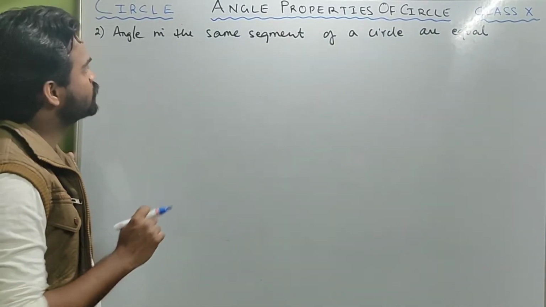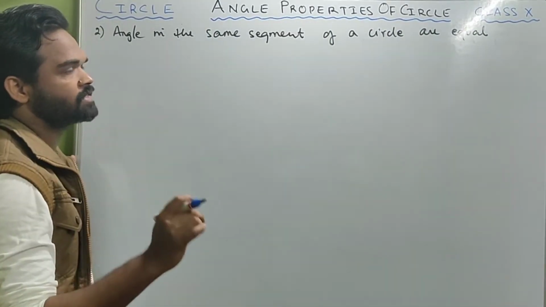Now look at number 2, which says that angles in the same segment of a circle are equal.